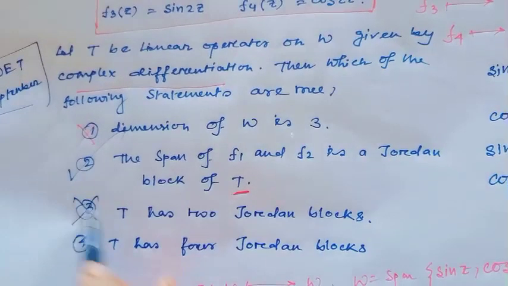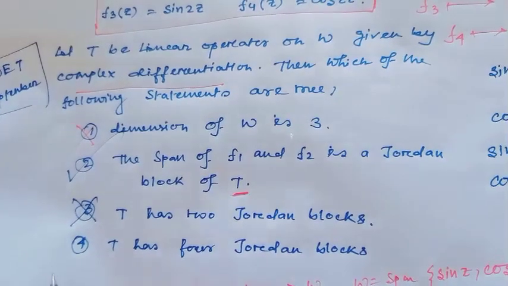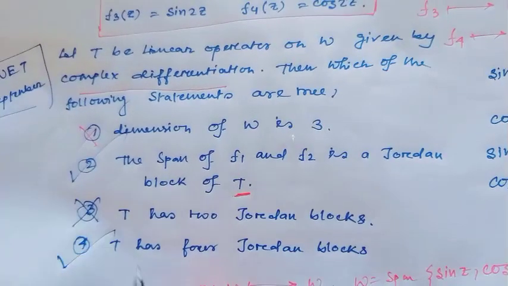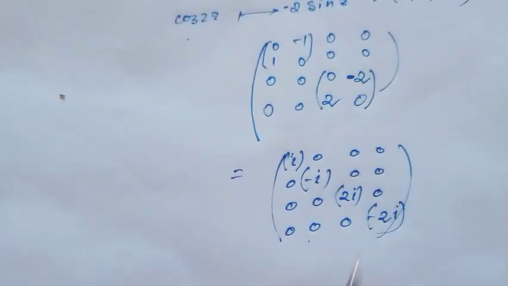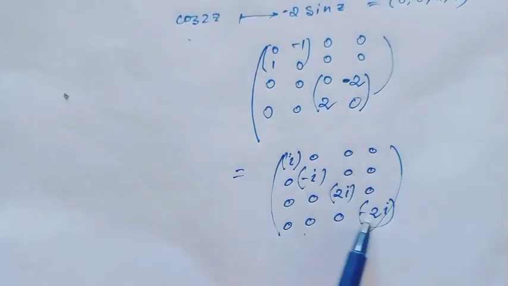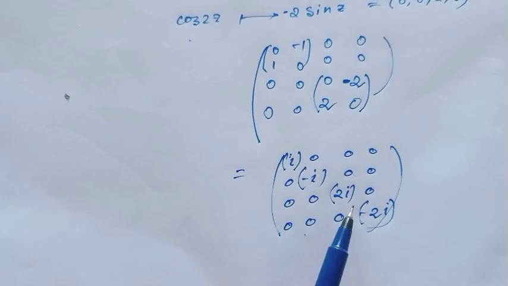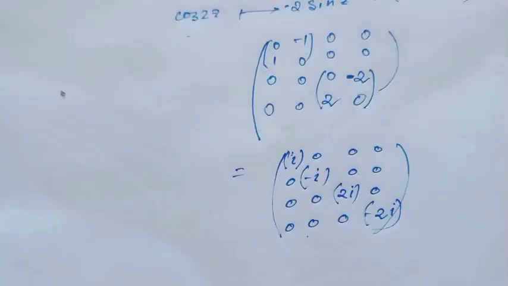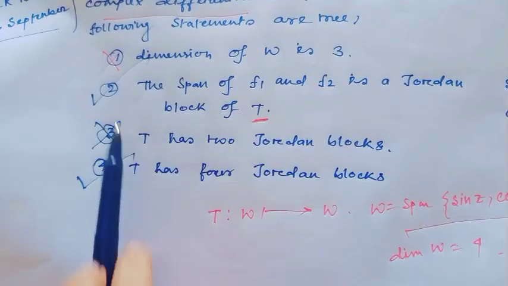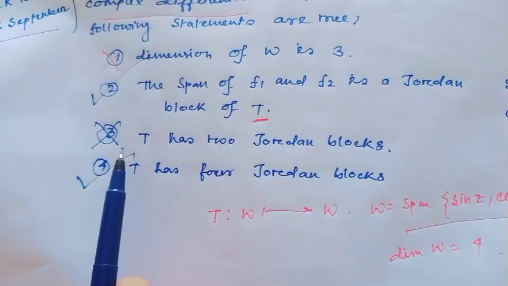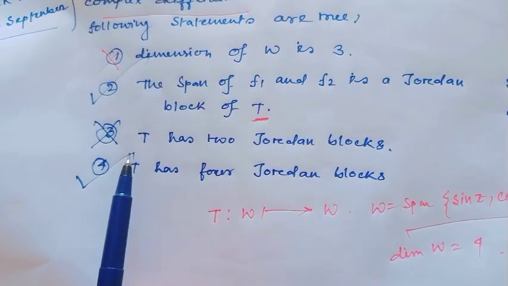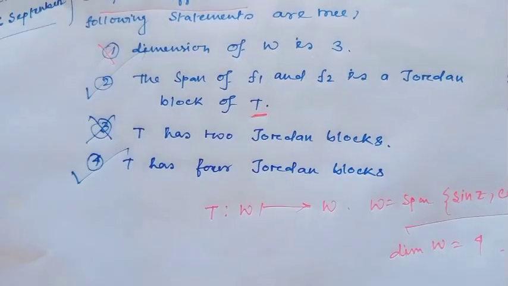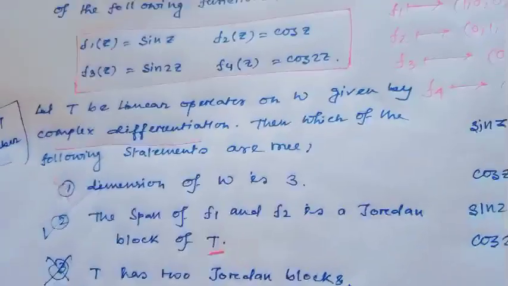This is obviously the wrong option. And option 4 is also a right option, T has 4 Jordan blocks. Notice here there exist 4 Jordan blocks of order 1. Okay. This is our answer. Have you understood this question clearly? Okay.